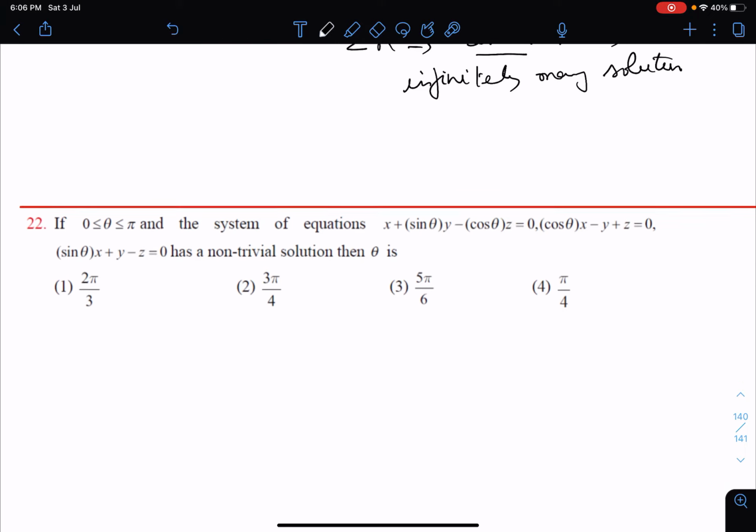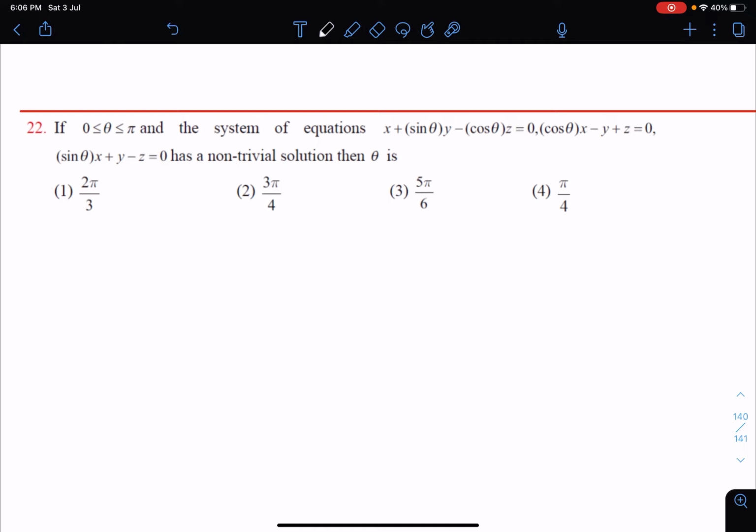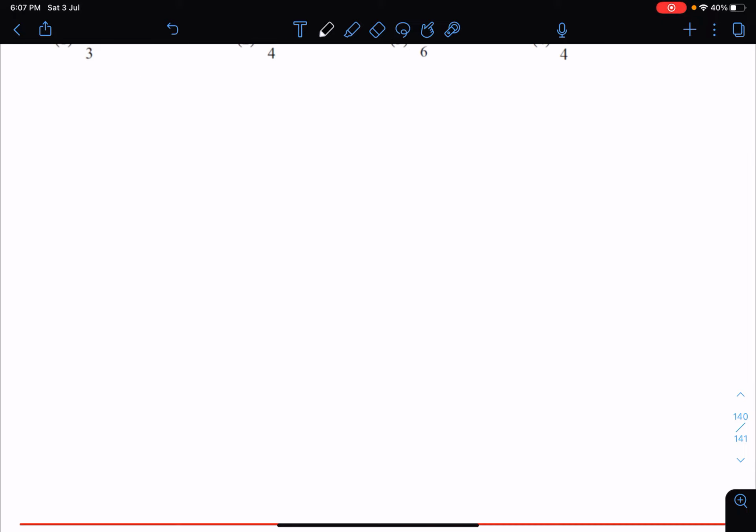Now coming to our 22nd problem. We are going to go to the 22nd problem here. See here, for this, the system of equations has a non-trivial solution.